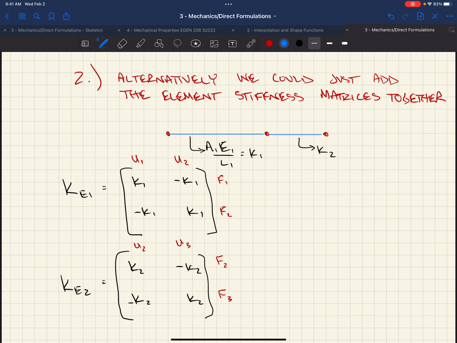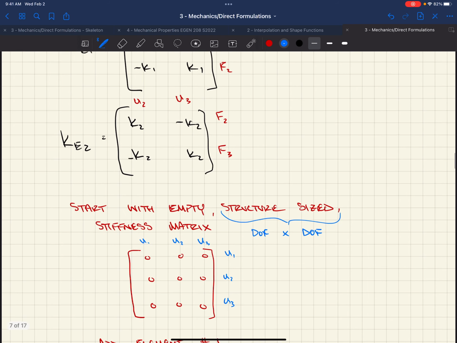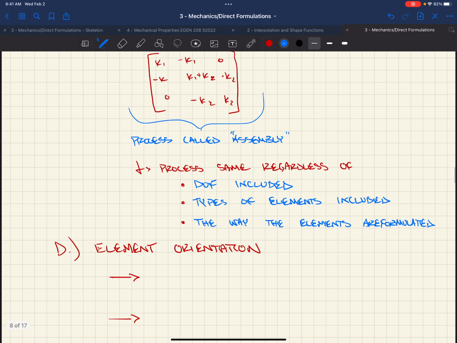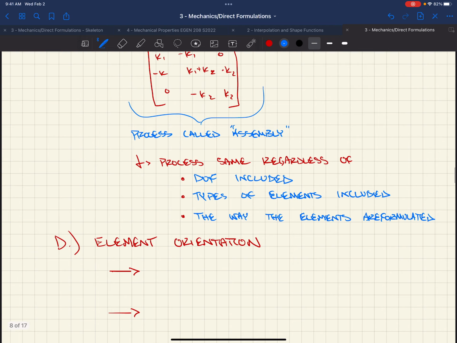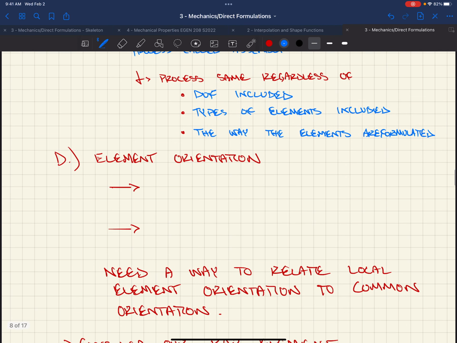But you can still add them together because the stiffness at that common node is going to be working with respect to both of those elements. You move that node and that first nonlinear element is going to be affecting the linear element and vice versa. Does that make sense? That's why it doesn't matter with respect to the way the elements are assembled or formulated. But the degrees of freedom need to be the same.